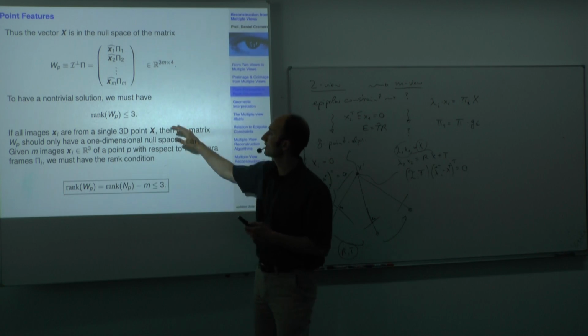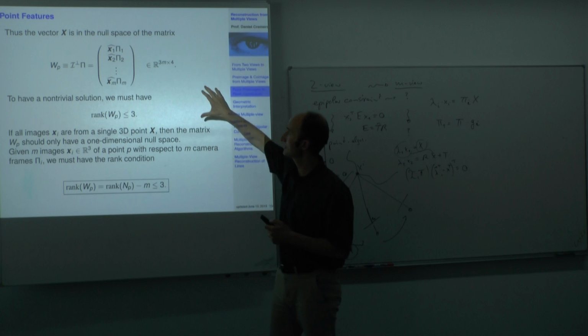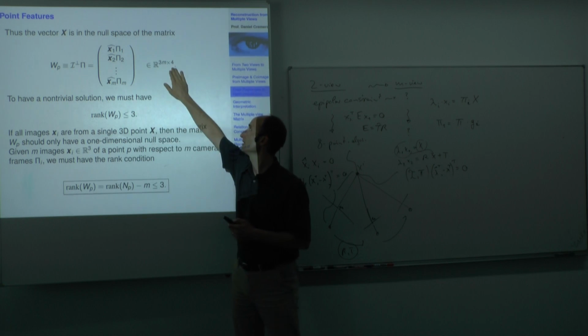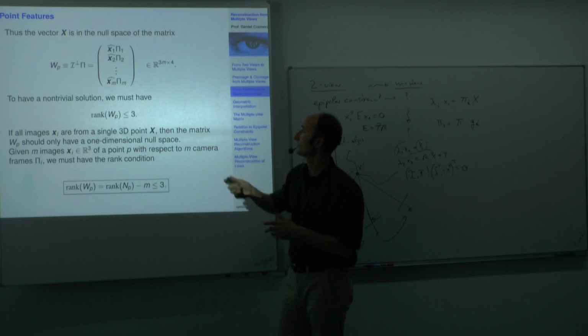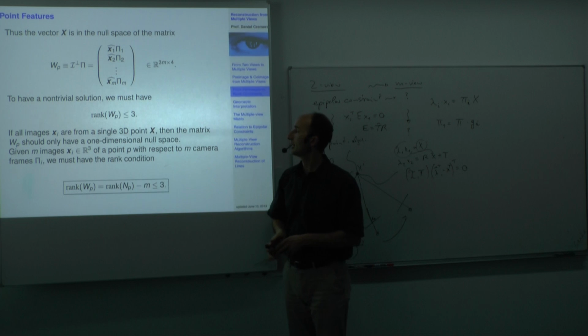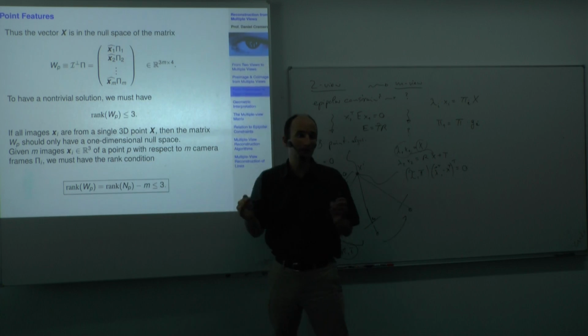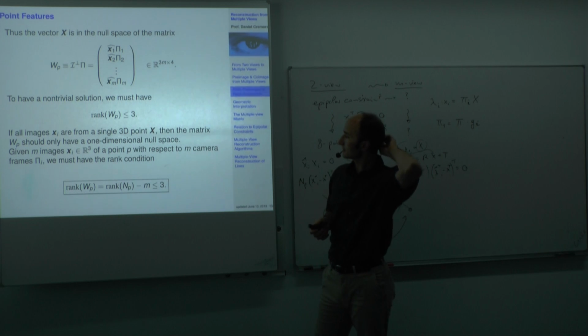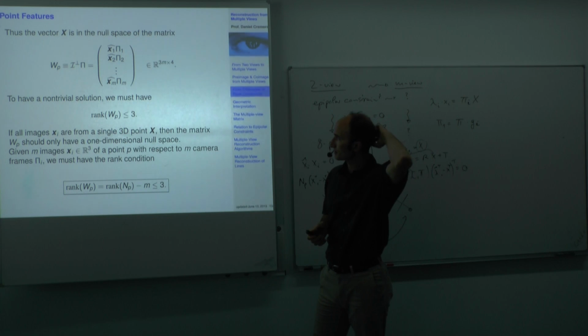And so you see, in contrast to the previous constraint, this is a simpler constraint. We have a matrix that has at most rank 4, because it's a 3m by 4 matrix, and now we say the rank is bounded. It has at most rank 3 if there exists a meaningful reconstruction.